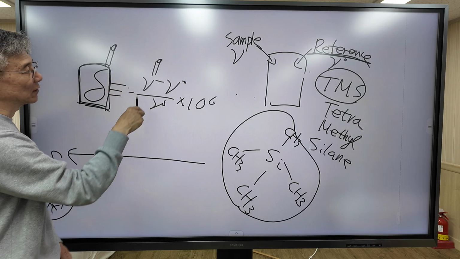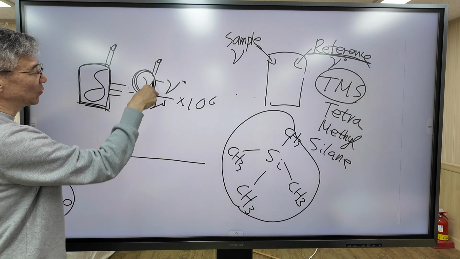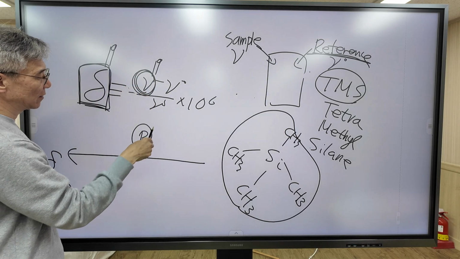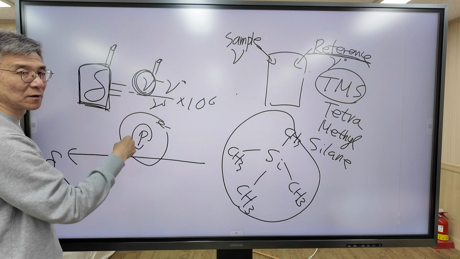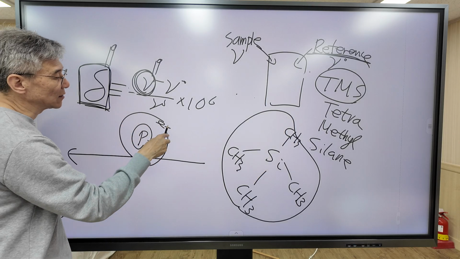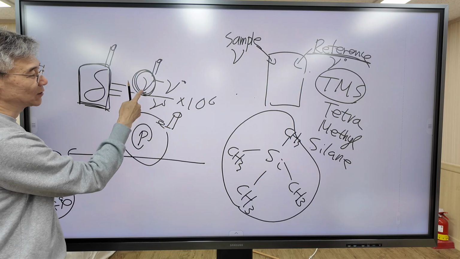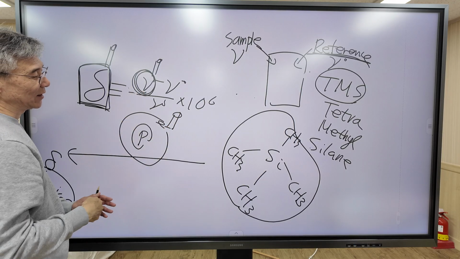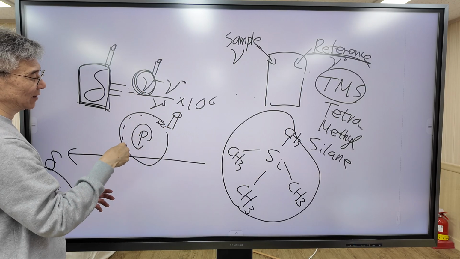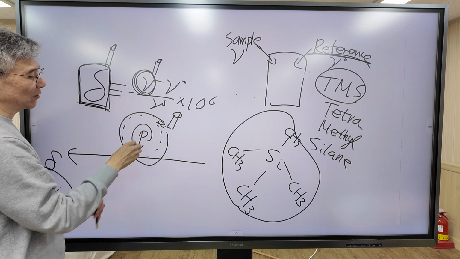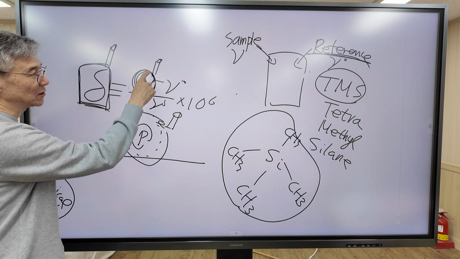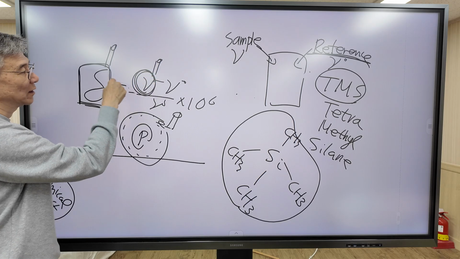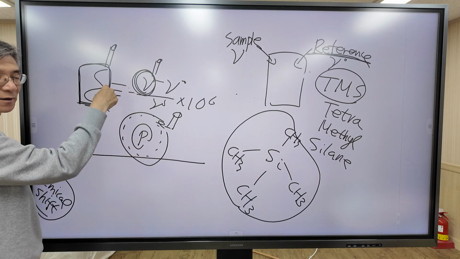Then what factor determines nu? Nu depends on how many electrons surround the proton. When electron density increases, what happens to nu? When electron density increases, the proton experiences a smaller magnetic field. So transition frequency is lowered, chemical shift is lowered.